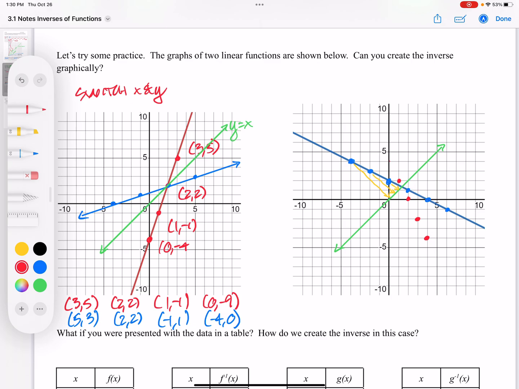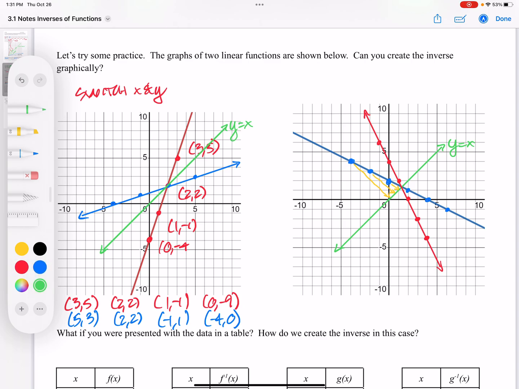This one is 2 full units to here, and then again right there. So now I can connect these points. And again, that shows me the inverse. My y equals x goes right in between them, and it looks like they're reflected across.